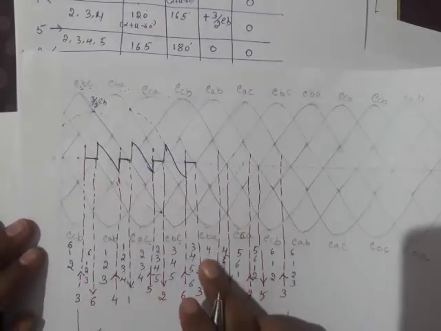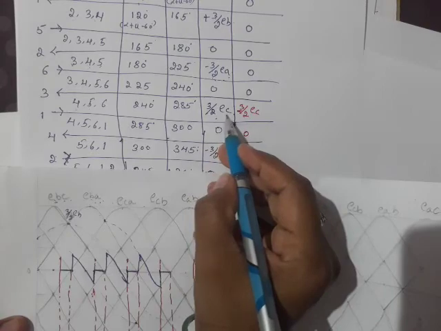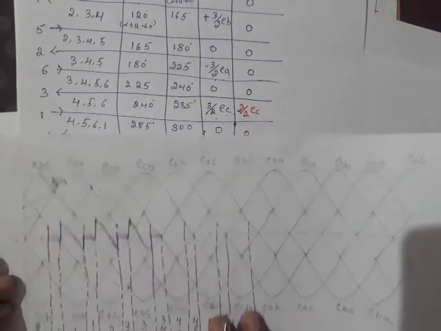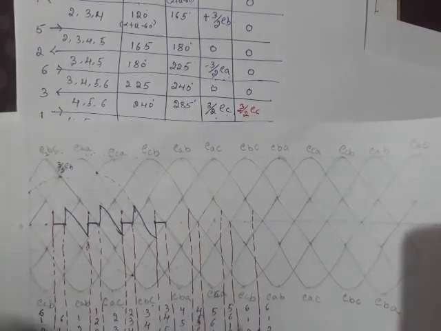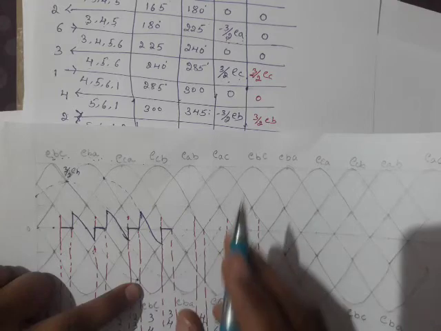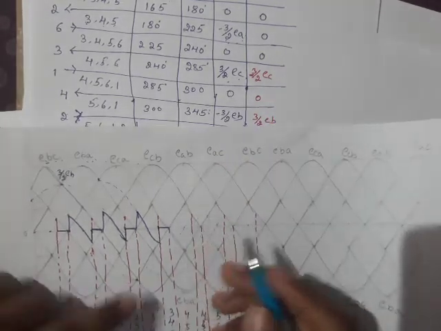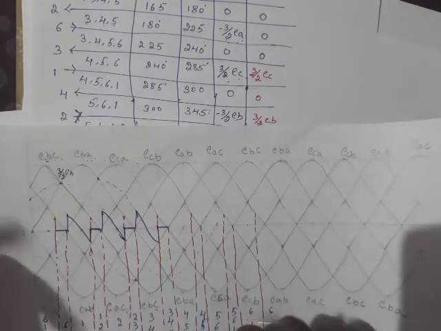During 4 valve conduction, it is 0. Then when 4, 5, 6 is conducting, it is 3 by 2 times EC. We have already seen minus 3 by 2 times EC. So where is that waveform? This is minus 3 by 2 times EC. But here we are getting plus 3 by 2 times EC, opposite to that.